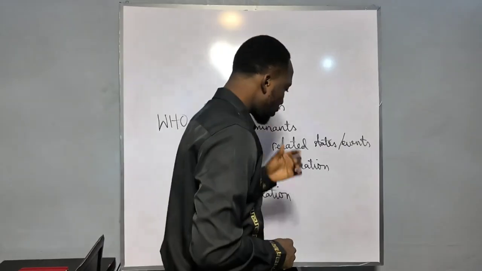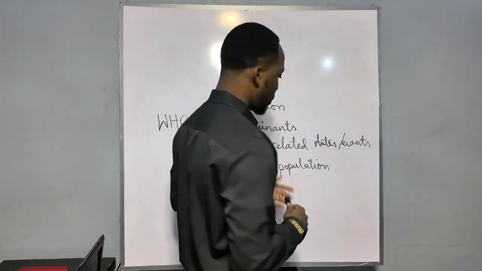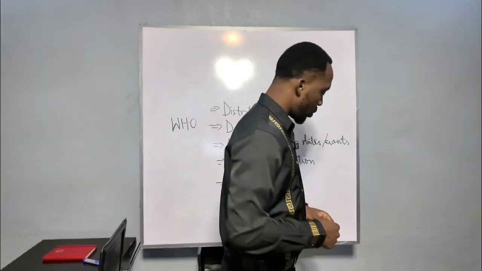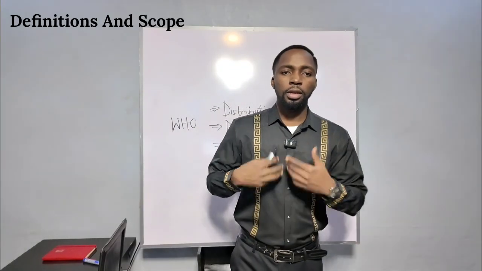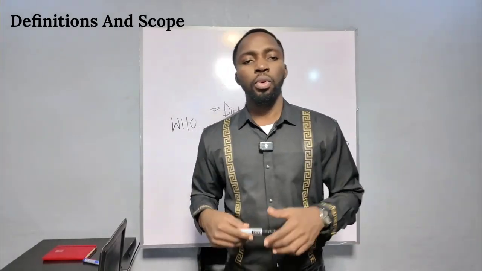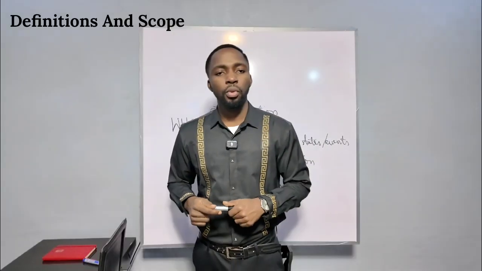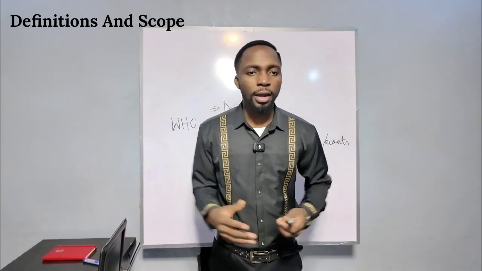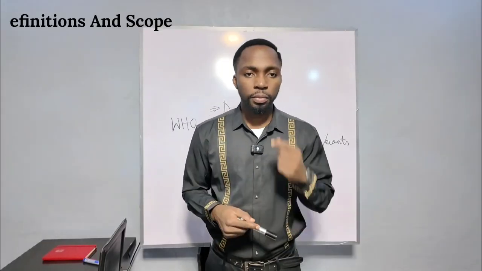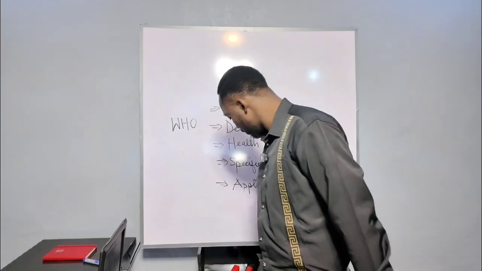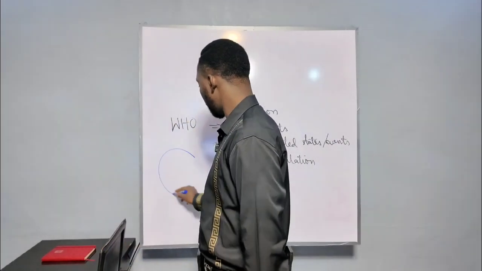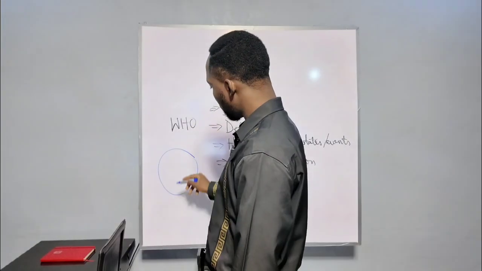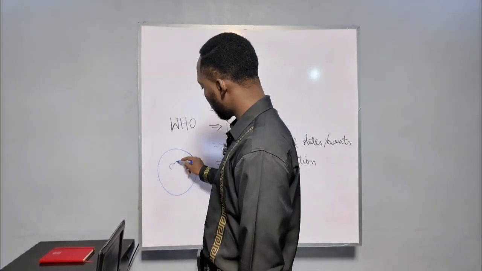What do they mean? Distribution is simply talking about the who, the where, and the when. So, who gets sick, where those people are that get sick, and when. So, suppose this is Earth. Let's use the blue pen, Earth, and we have planets.